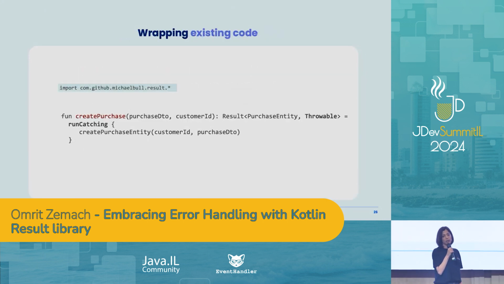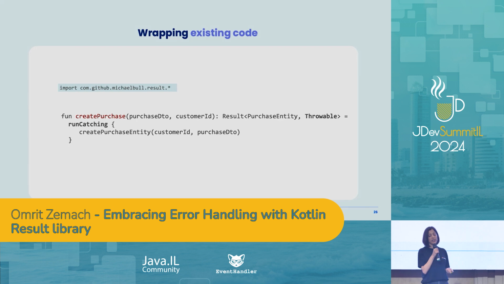Another option to use the library is to wrap your existing code using runCatching from the Michael Bull library. runCatching wraps your existing code, and under the hood, in case it throws an exception, it catches it and returns a Result with the Throwable error inside. Otherwise, in case of success, it returns the success value output of the function in the Result.